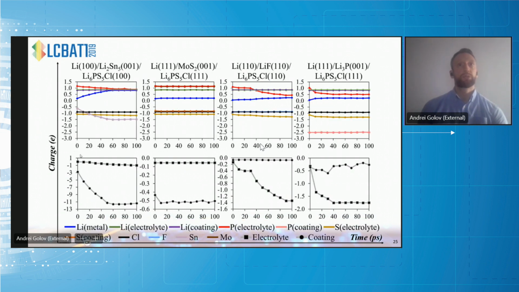The Bader charge analysis showed that for all coatings except for lithium tin alloy, the net charge of the coating stays constant. But for the lithium tin alloy, we observe a monotonic decrease in the net charge, which is caused by the reduction of tin by lithium with formation of a more diluted lithium tin alloy.